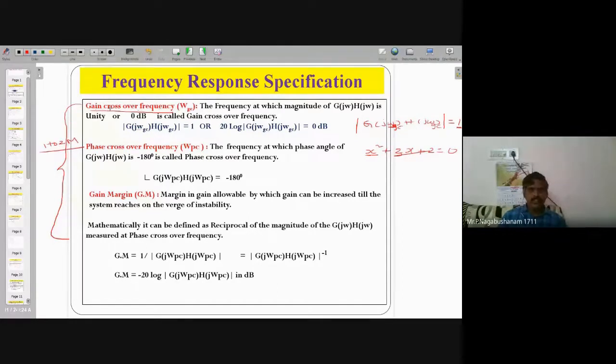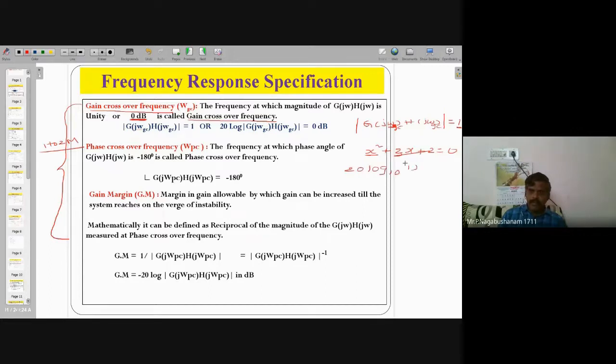Understand? Check it out. The frequency at which the magnitude of G of j omega, H of j omega is unity or 0 dB is called the gain crossover frequency. I will tell what 0 dB is. The modulus of G of j omega, H of j omega at omega equal to omega GC is equal to 1. If you take 20 log on both sides, 20 log of modulus of G of j omega, H of j omega equals 20 log 1, log base 10.